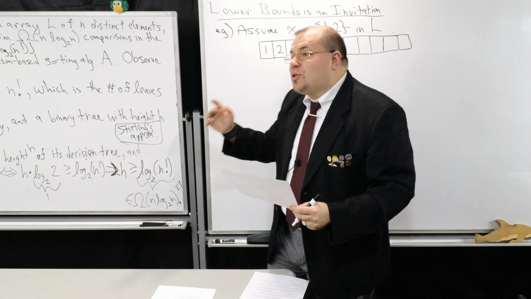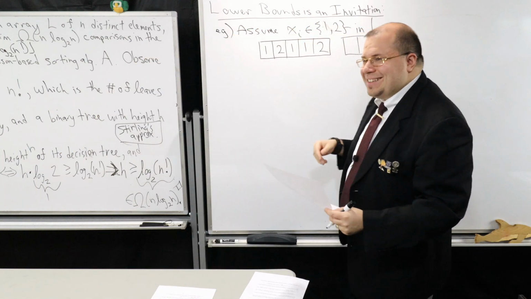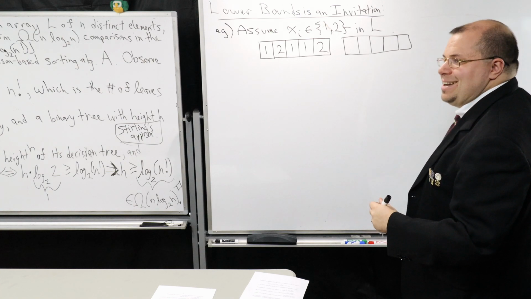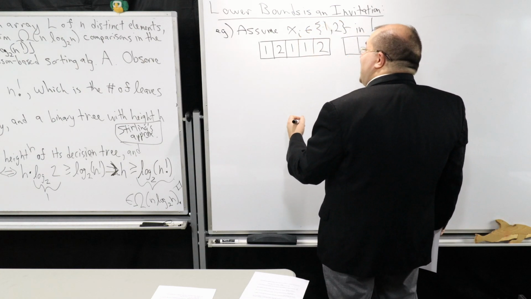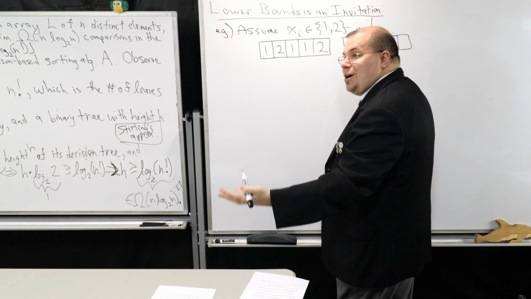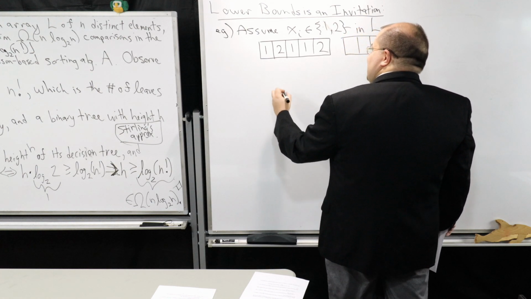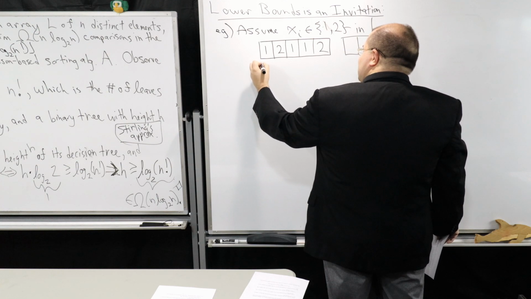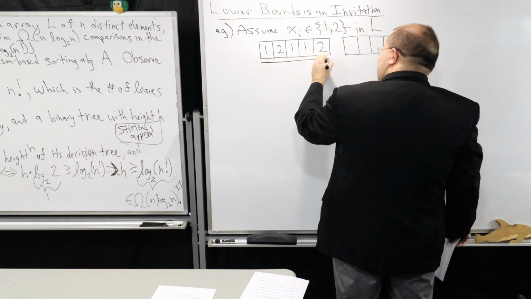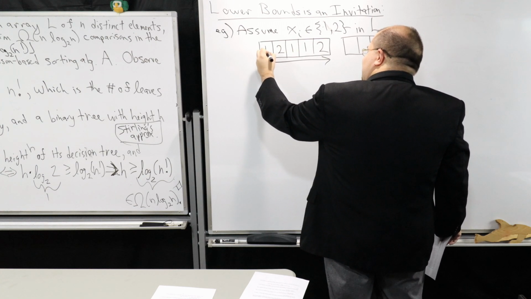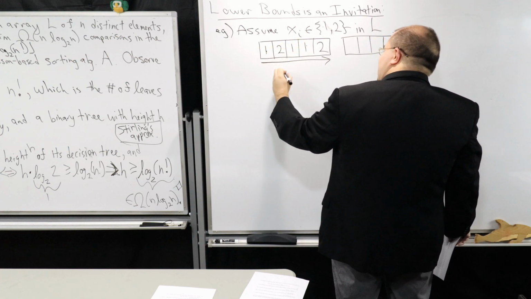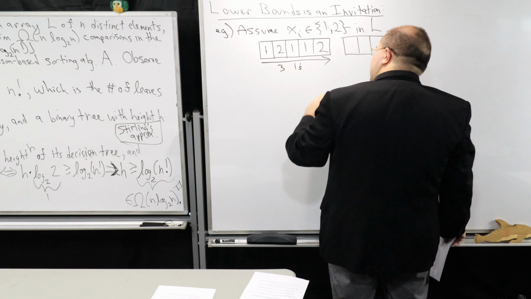Yeah, we count the number of 1s and 2s. Perfect, that's exactly what I was thinking. In fact, it's sufficient just to count the 1s. If I scan this from left to right and count up each 1, like a bucket almost, I have 1, 2, 3, so I have three 1s.